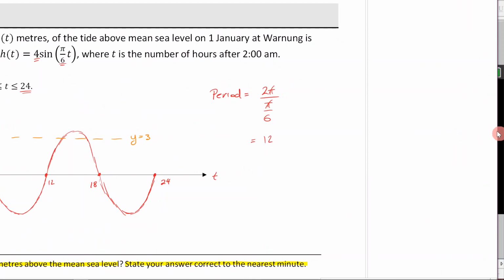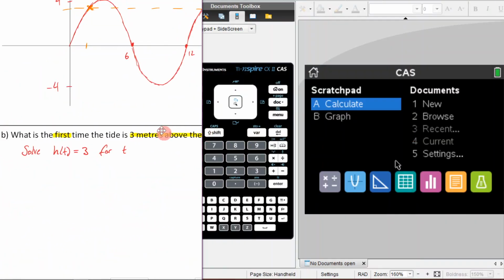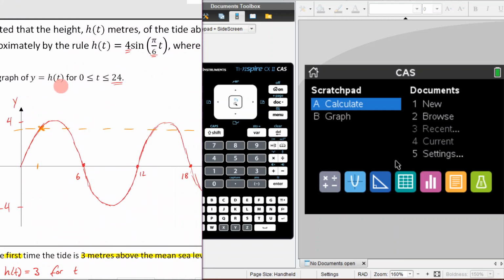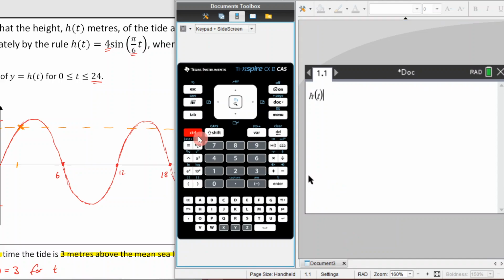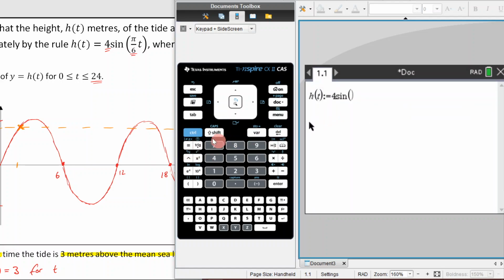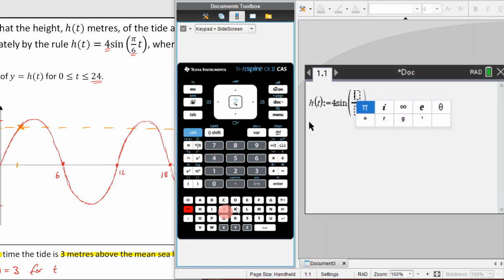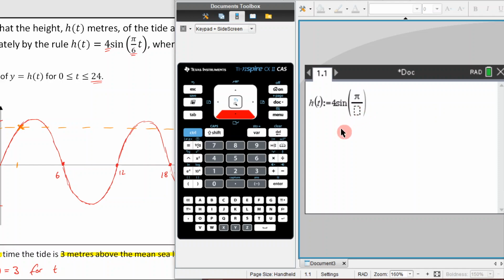We're going to go h of t control equals 4 trig sine control divide pi on 6 t, and now that is now defined for us.